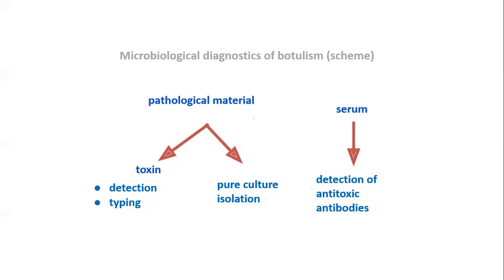To isolate a pure culture, pathological material in addition to blood is inoculated onto nutrient medium. Antitoxic antibodies in the patient's blood can be detected using an indirect hemagglutination test. Also, polymerase chain reaction and enzyme immunoassay are used as express methods for diagnosing botulism.